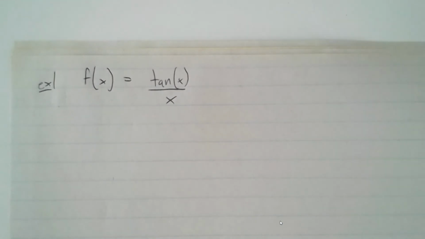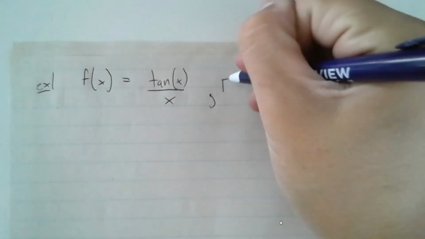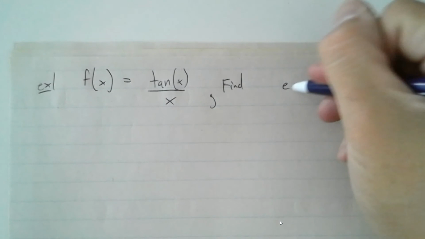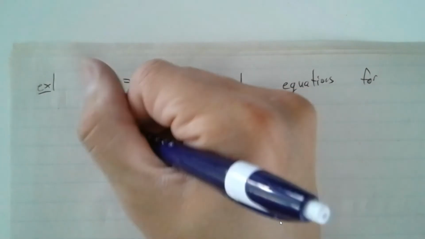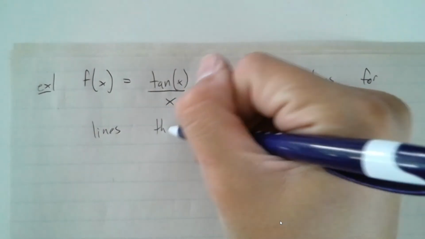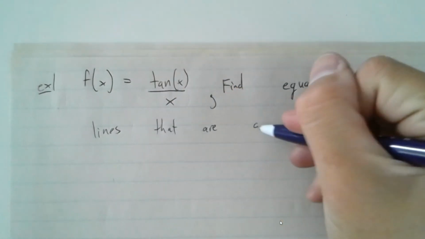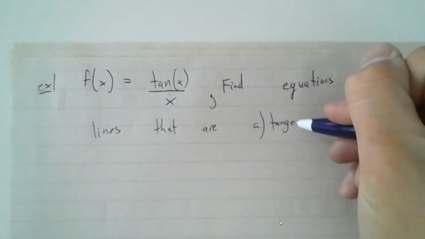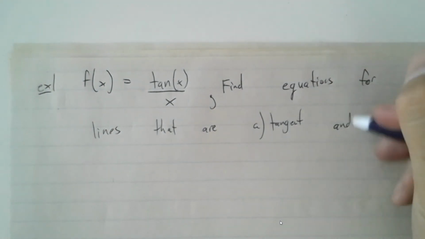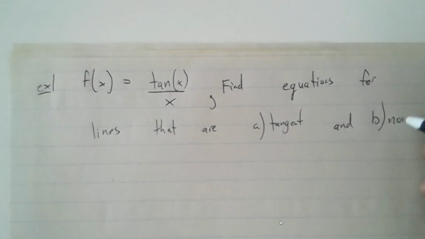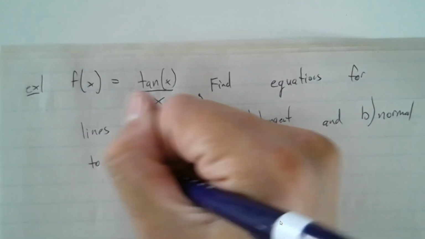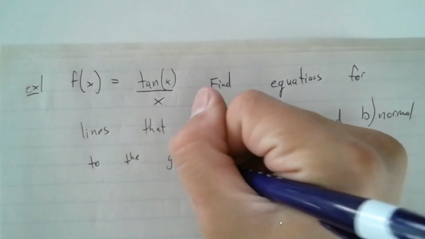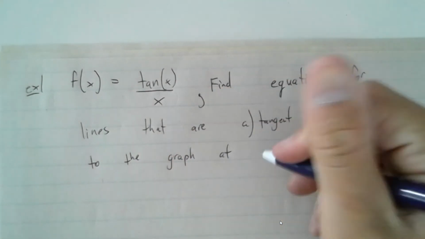If you want to graph and see what the curve looks like, we can do that, okay? We're going to find equations for lines that are A, tangent, and B, normal to the graph at x equals 2.